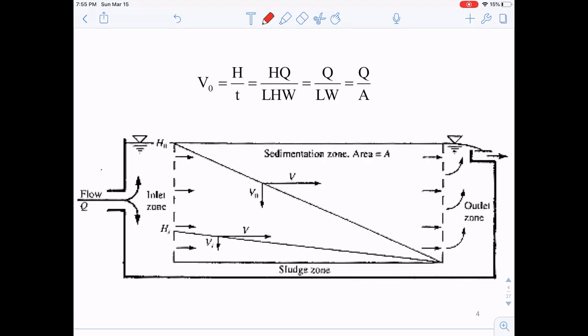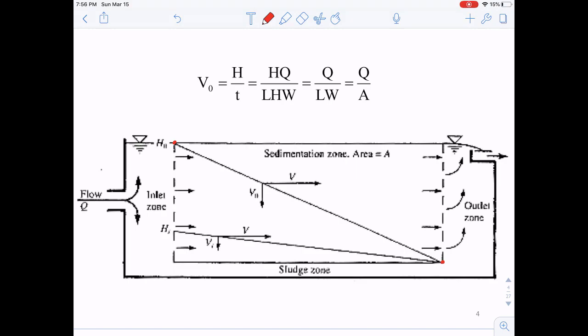So here is a more straightforward way to look at how the particles are being removed in the sedimentation basin. For example, if we have a water flow going in this way, the smallest particle that can get removed from this basin will follow a trajectory starting from the top left to the bottom right, right?